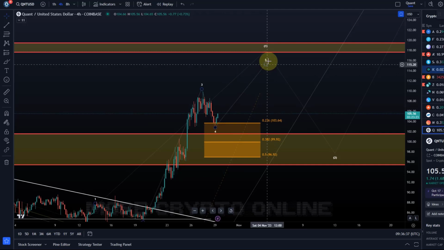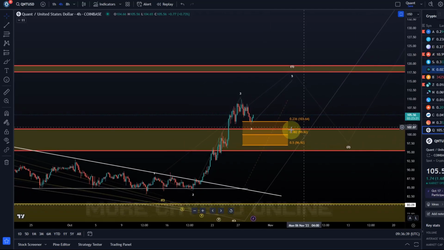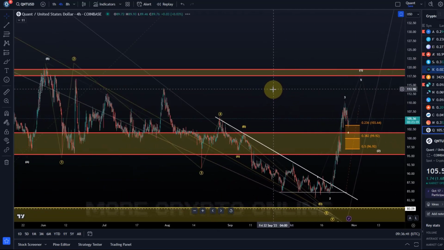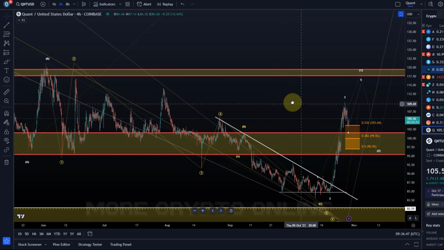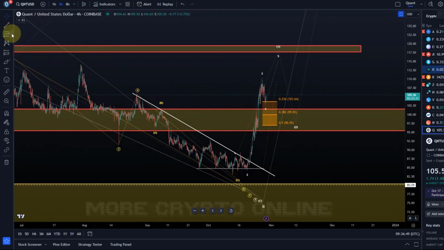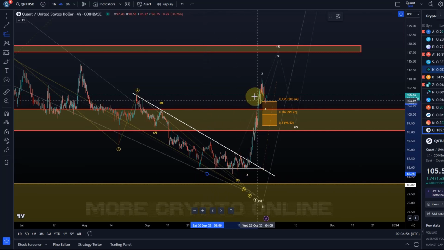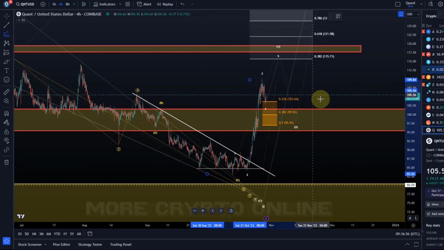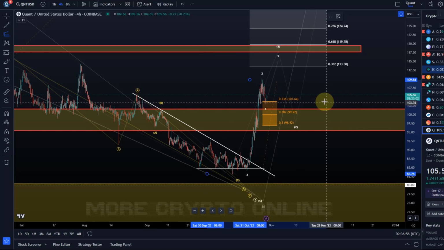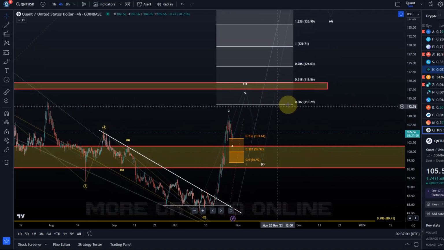And if we do a wave 5, I mean, hard to say where exactly it will go, but certainly there is resistance around $112 to $114, and then around $118 to $120. And also if we add Fibonacci extensions, then we take the length of waves 1 through 3, we go to the low of the wave 4, and then this is sort of the main fib range that we should be watching, between $113.29 to $120.